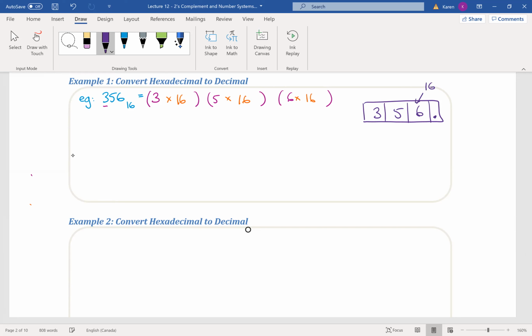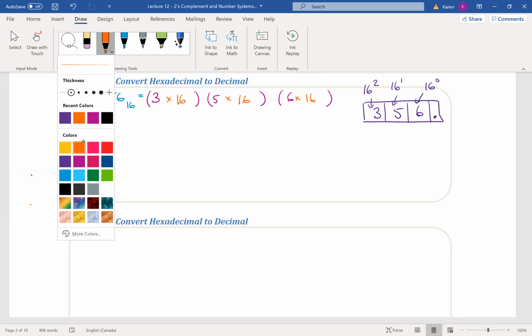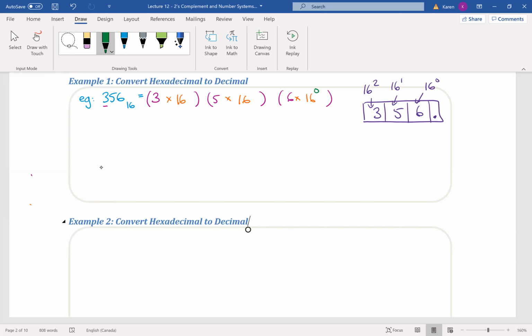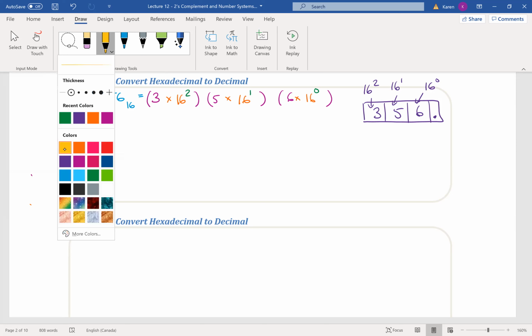And this represents 16 to the power 0, 16 to the power 1, and 16 squared in this position. And this is how we would calculate this answer.